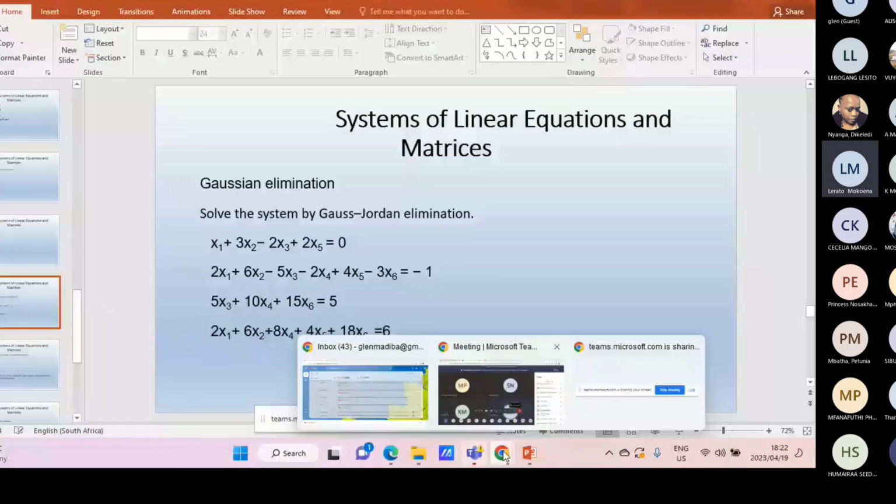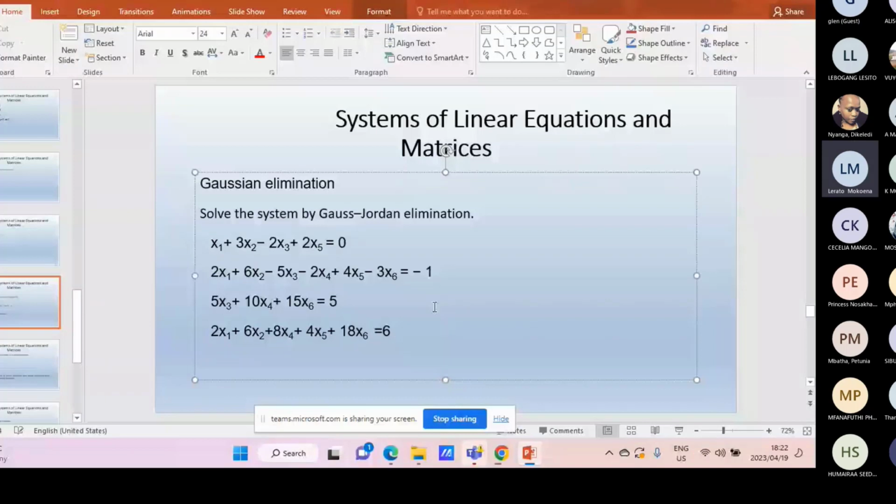Gauss-Jordan elimination is like when you have zeros above and below the pivot leading ones. Please repeat that. It is when you have zeros above and below the leading ones.